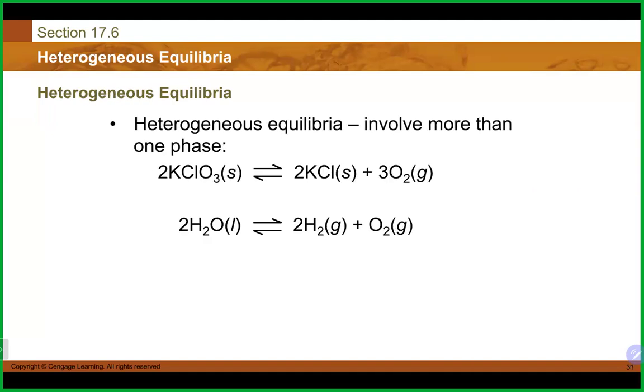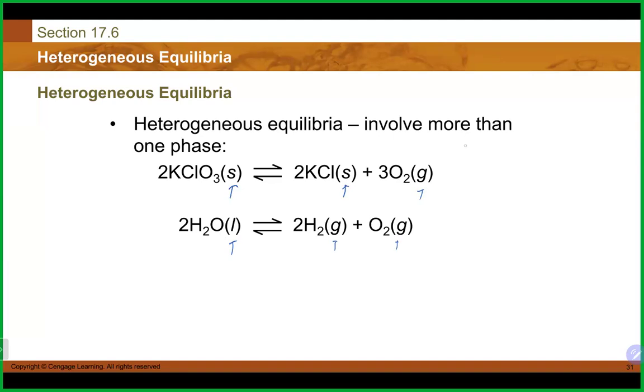There is heterogeneous equilibrium, as I also mentioned, and in that case, you do have some in different states. So here we got some solid, and we have gas. Here we have liquid, gas, and gas. So again, as I mentioned before, things that are in the solid state and things that are in a liquid state, they basically will not interact in the equilibrium.